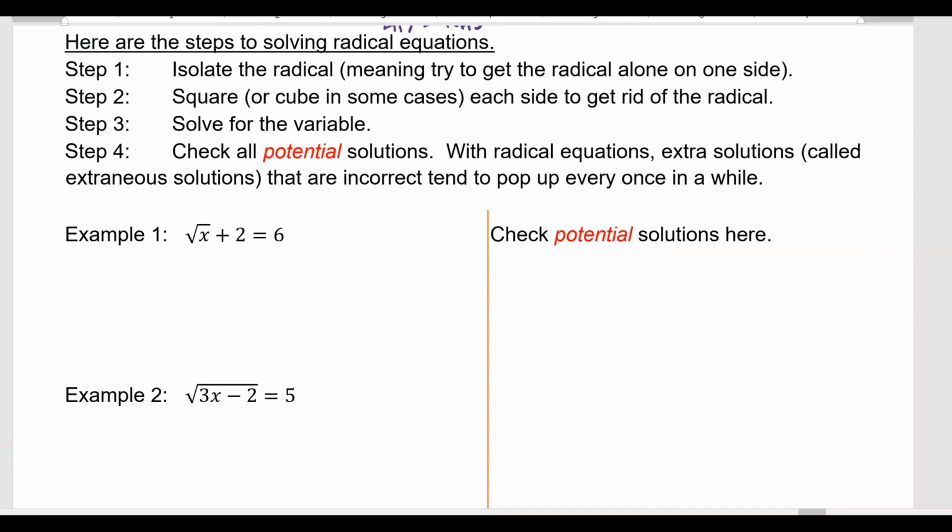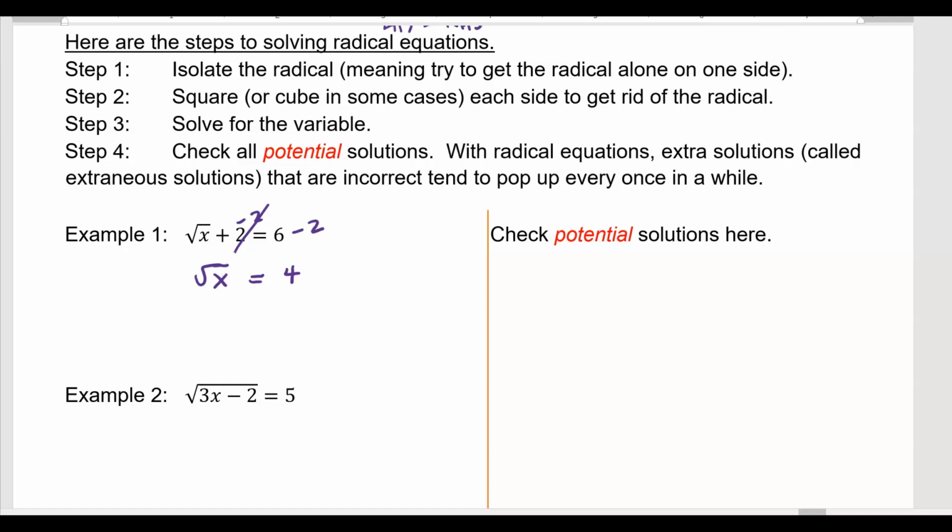So how do we get rid of the 2 that's on the left side? We get rid of the 2 by subtracting 2 from both sides, right? If we subtract 2 from both sides, then that'll get rid of the 2 on this side. And then you have the square root of x equals 4, because 6 minus 2 is 4.